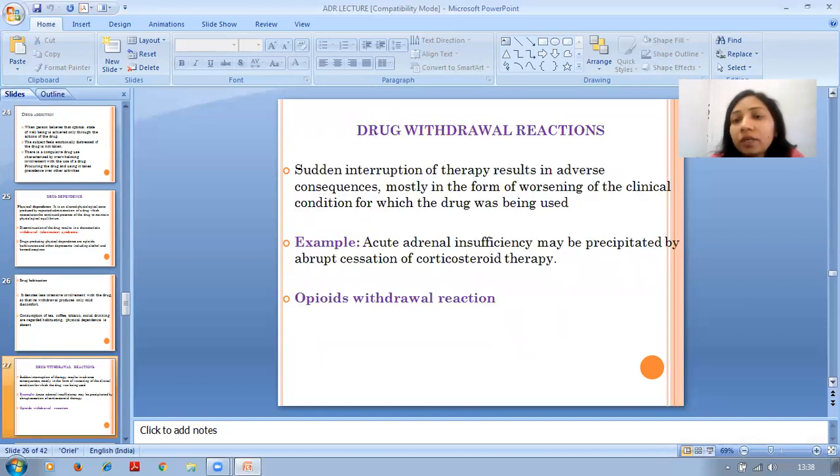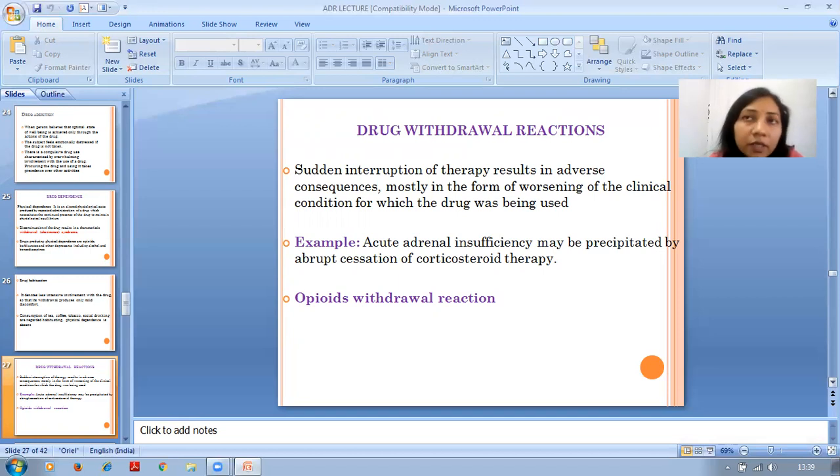And drug withdrawal. We must remember that when a person develops a withdrawal reaction, we must say that the person is dependent. Sudden interruption of the therapy results in adverse consequences, mostly in the form of worsening of the clinical condition for which the drug has been used.